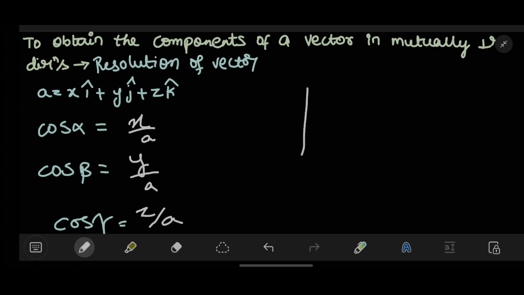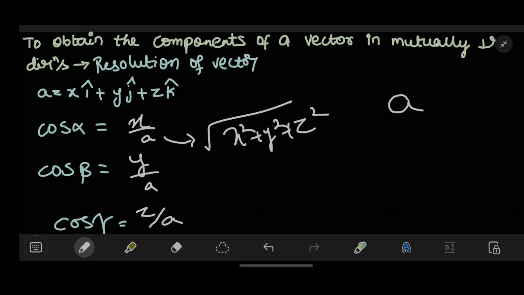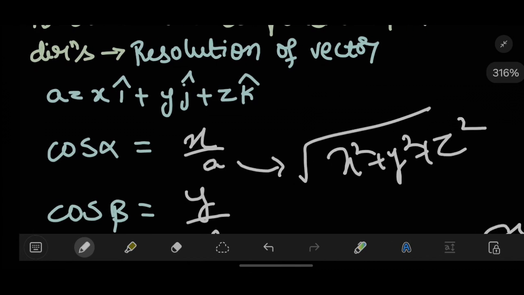Again, these are from that right angle triangle only. I have already discussed it in the 2D and 3D representation, which is why I am not repeating it. Here we wrote x square plus y square plus z square, under a root, and that is nothing but a, the magnitude of a. This can be represented simply as a also. So I will put an arrow mark for this.